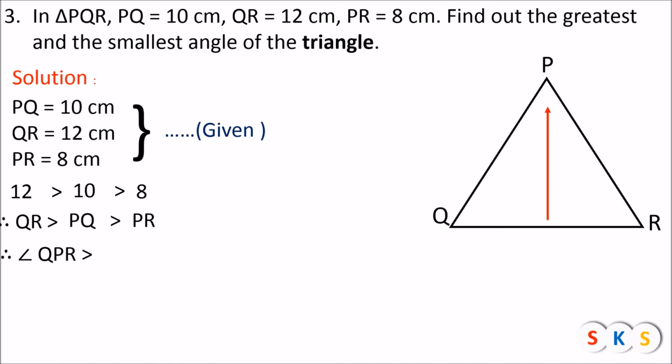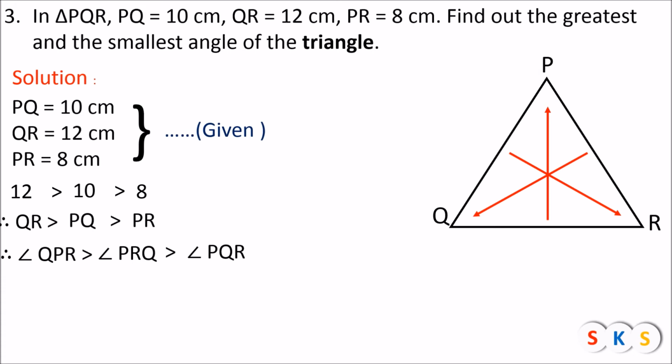And next side is PR. Which angle is opposite to side PR? Angle Q, that is angle PQR. So angle QPR is greater than angle PRQ is greater than angle PQR. We arranged those angles with the help of those sides, using angle opposite to greater side is greater.